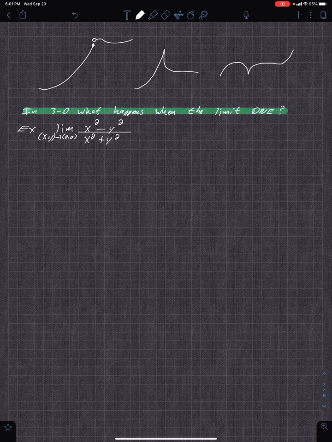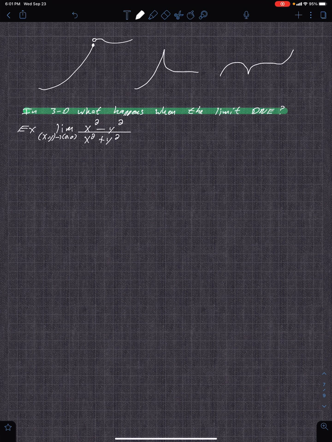If you factor, that isn't going to help. You get x plus y times x minus y, nothing to reduce in the denominator. If you substitute in 0, 0, you get 0 over 0. So there's nothing you can factor or do to figure this out other than whether it's going to exist or not.